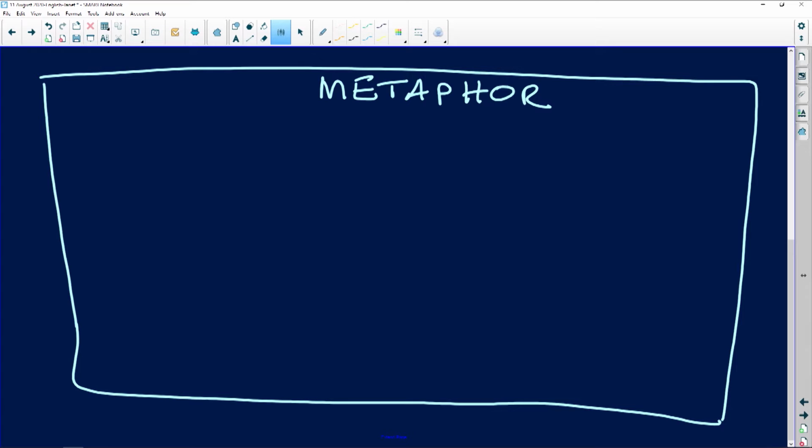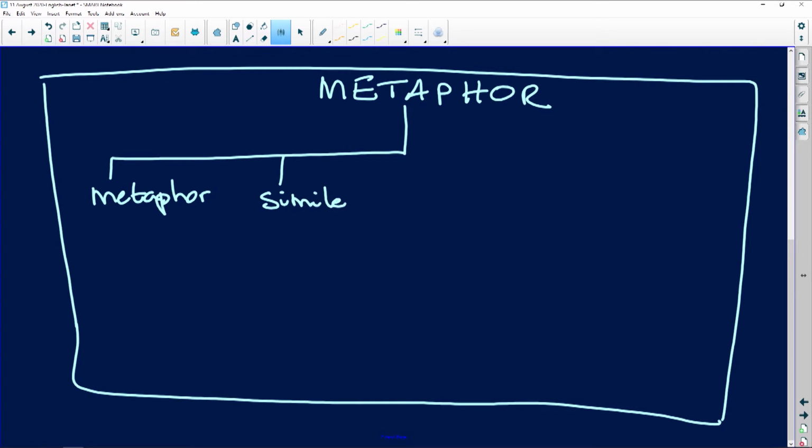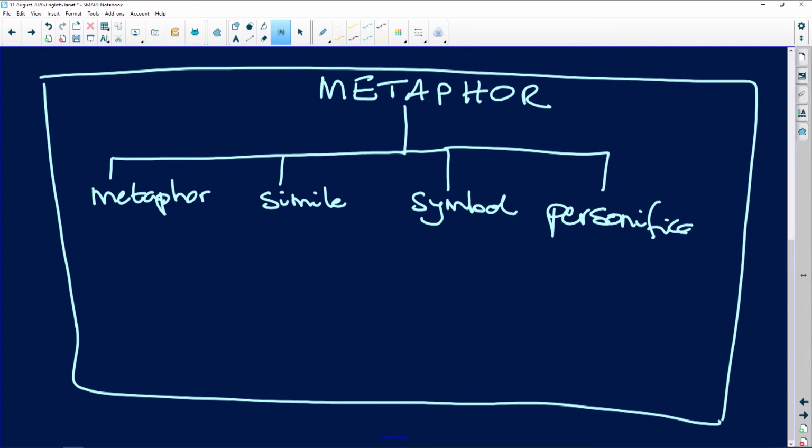And then I say, okay, so under metaphor, we get specific figures of speech. Obviously, we're going to get what we teach you in school as a metaphor. Now there are others, like metonymy, but let's just leave it as those four.